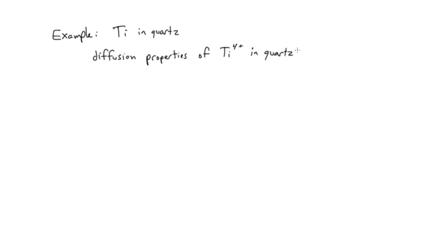So that relationship is given by something we have to calculate. I said earlier that this diffusivity is a function of temperature. So for quartz, it works out to be 7 times 10 to the minus 8 times the exponent of minus 273 kilojoules per mole over R times the temperature.